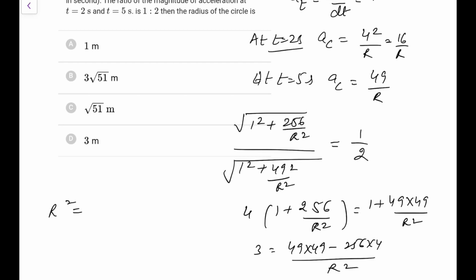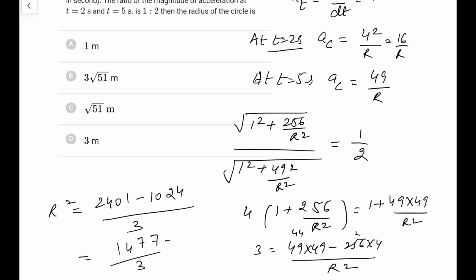So do this: 49 into 49, 49 9s is 441, 49 4s is 196, and that gives 2401, minus 256 into 4, that is 1024, upon 3. 11 and 4 is 7, 9 and 2 is 7, 4, and this is 1477 by 3. This is what I am getting. This is not completely coming out, I think.